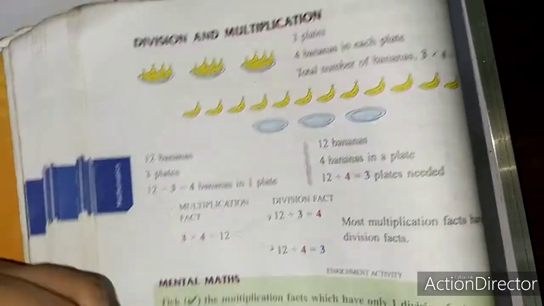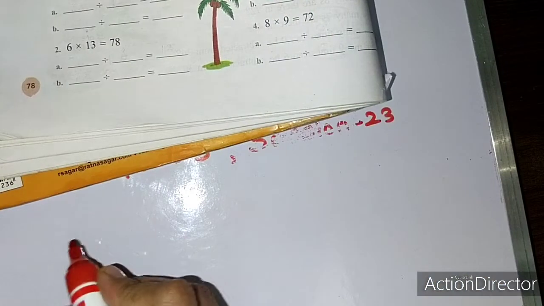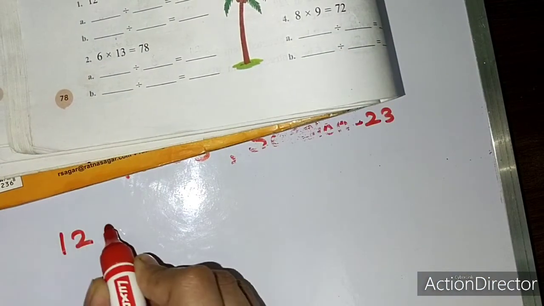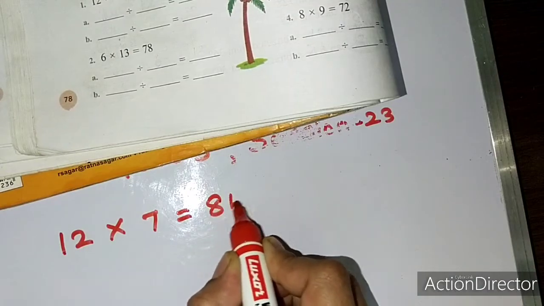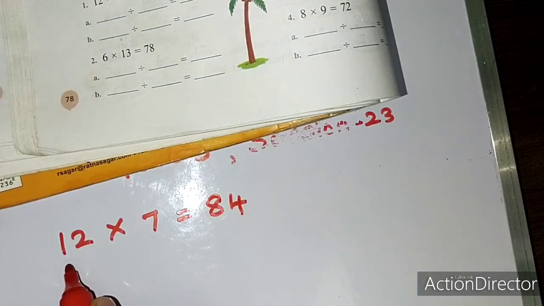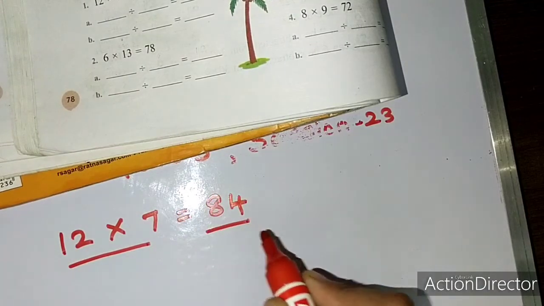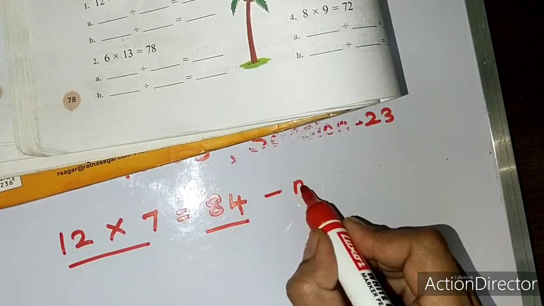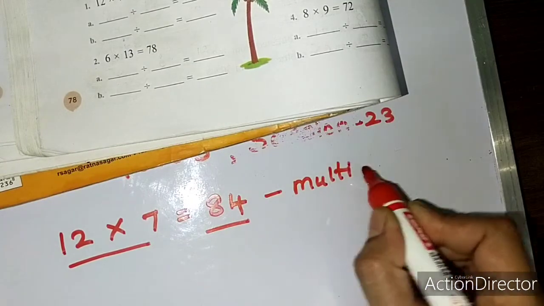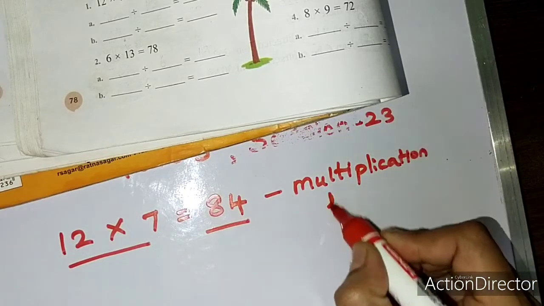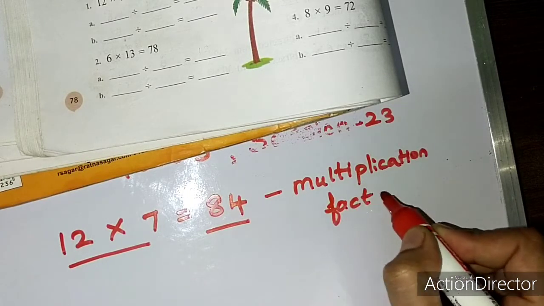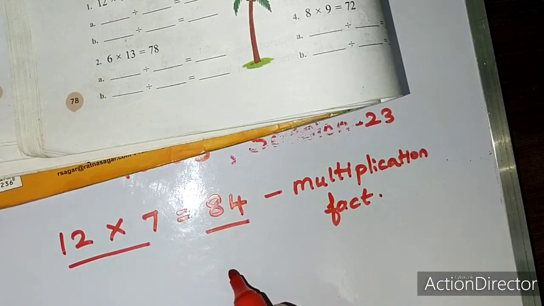For example, 12 into 7 is equal to 84. So these are factors and this is the product. This is the multiplication fact. Now we are going to write the division facts.